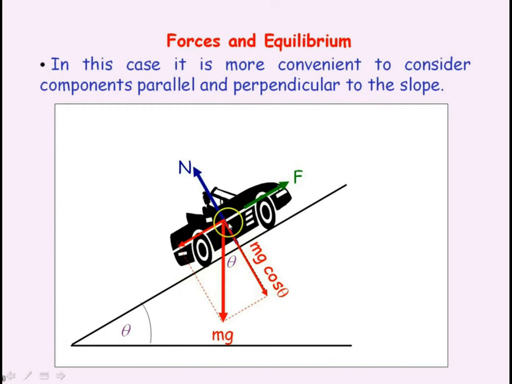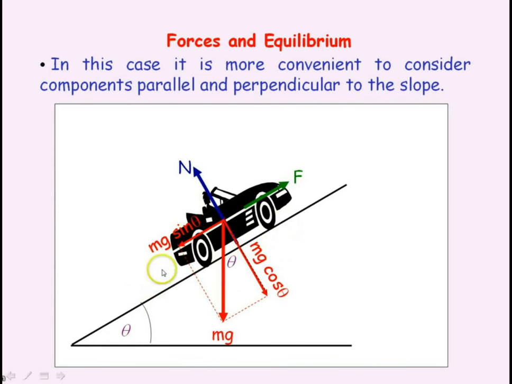To find the parallel component, this line is the same as this line here, and you can see that this line is opposite to the angle. So we've got opposite and the hypotenuse of weight, which means we need to use the sine term. The parallel component will be given by mg sine theta.